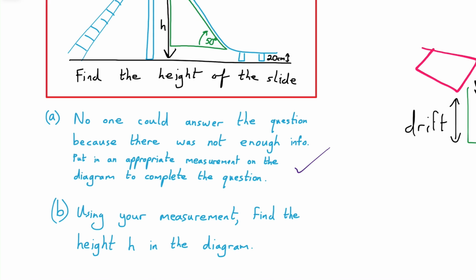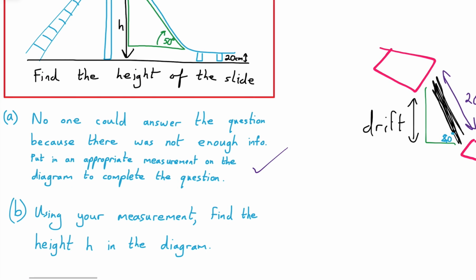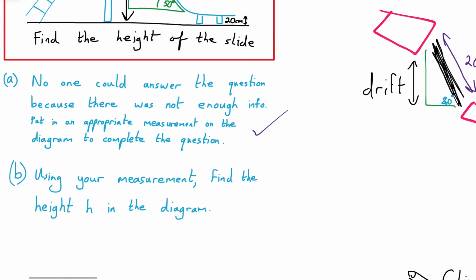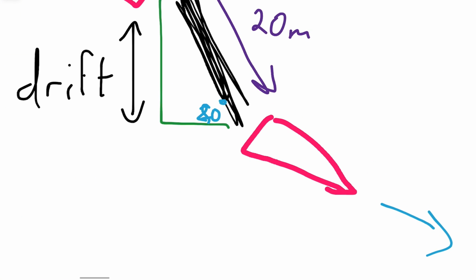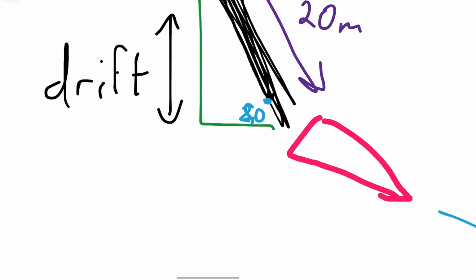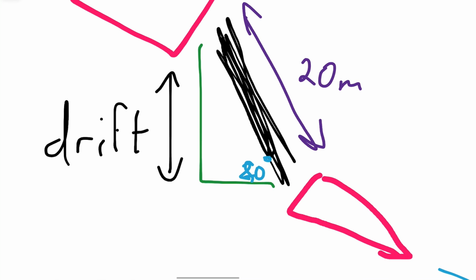If everyone's got a different measurement to put in, everyone's going to get different answers. That's okay. We just need to find h according to our information. So we're trying to find our drift according to our information. Okay, so we better label the sides of the triangle. That's my hypotenuse. This side here is opposite.